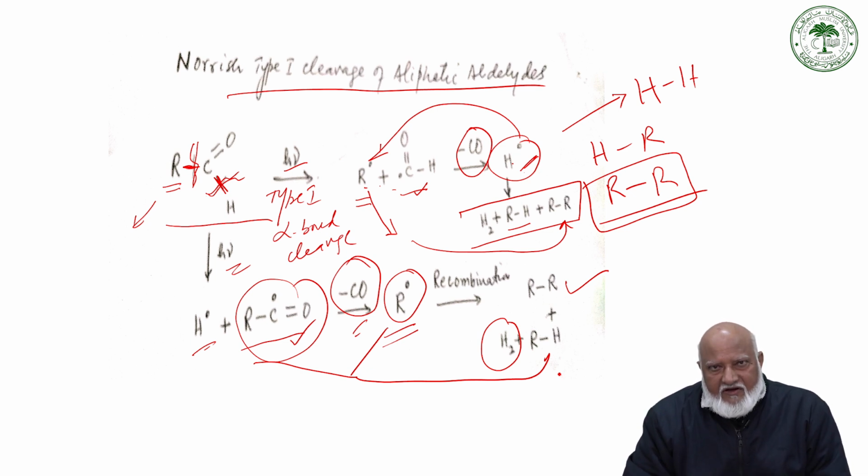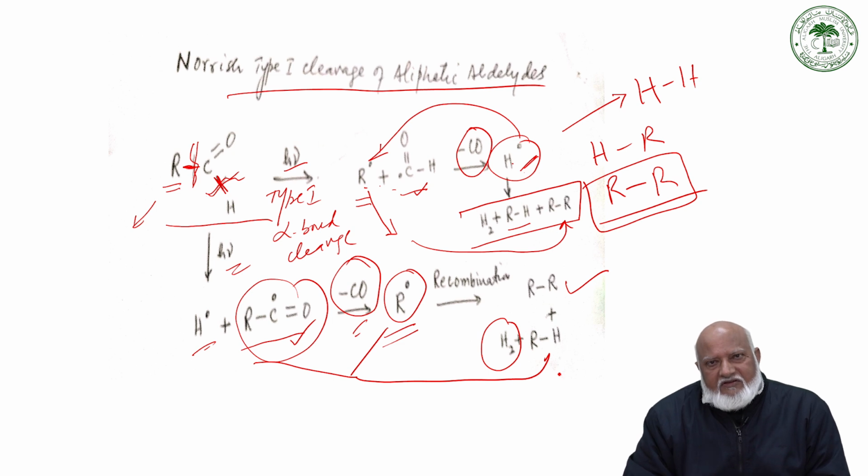Whenever you have an aliphatic aldehyde, especially under photolytic condition, it undergoes alpha bond cleavage. Alpha bond is the bond next to the carbonyl. This alpha bond cleavage can give you an R radical and acyl radical, or an H radical and acyl radical.